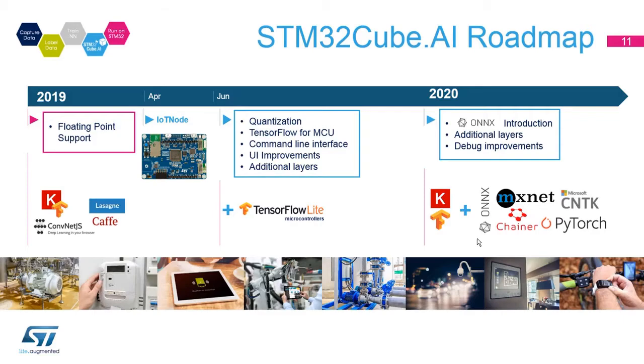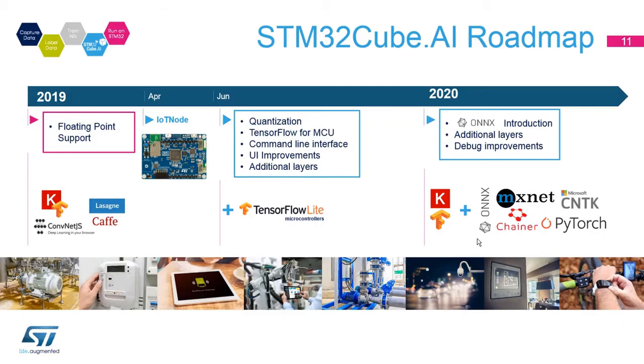What is coming next? Artificial intelligence at the sensor level, at the edge level, is very nice, but more and more you need some hardware accelerator. So this is what we are considering for the STM32 roadmap, to integrate some hardware accelerator for AI.